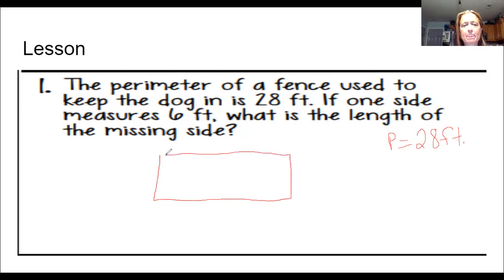And the one side measures 6 feet. So if this side measures 6 feet, what do I know about this side? It has to be 6 feet because it's a rectangle. Okay. So 6 plus 6 is 12 feet.